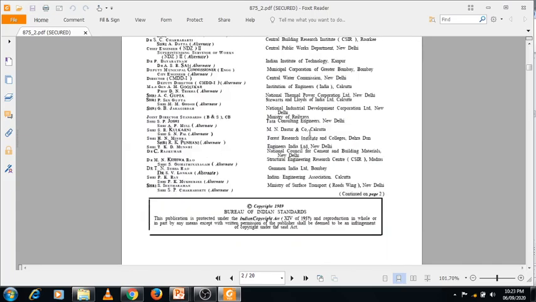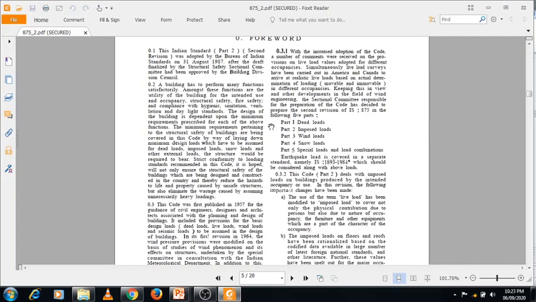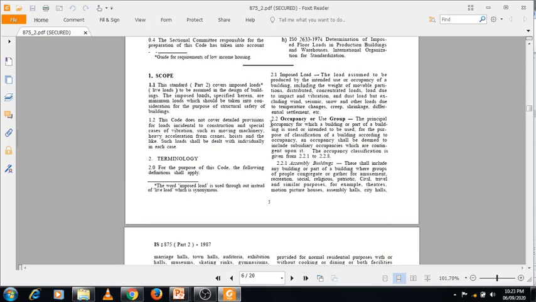Here we can see the scope of this IS code. This standard covers the imposed load, that is live load, to be assumed in the design of buildings. The imposed loads specified herein are minimum loads which should be taken into consideration for the purpose of structural safety of buildings.